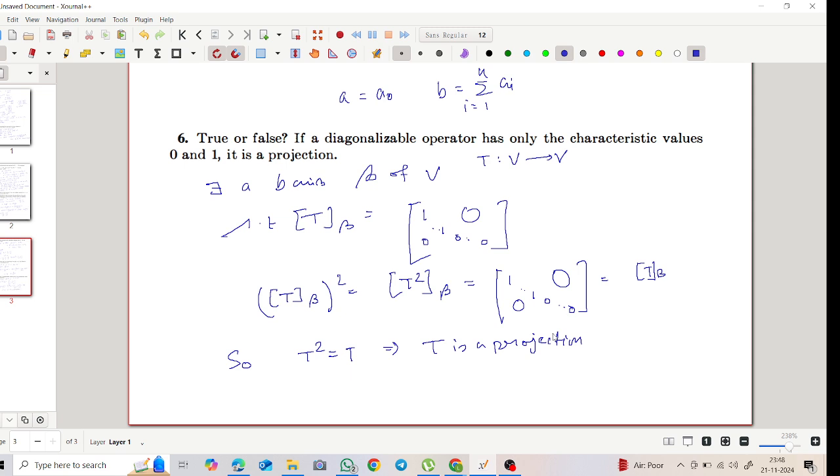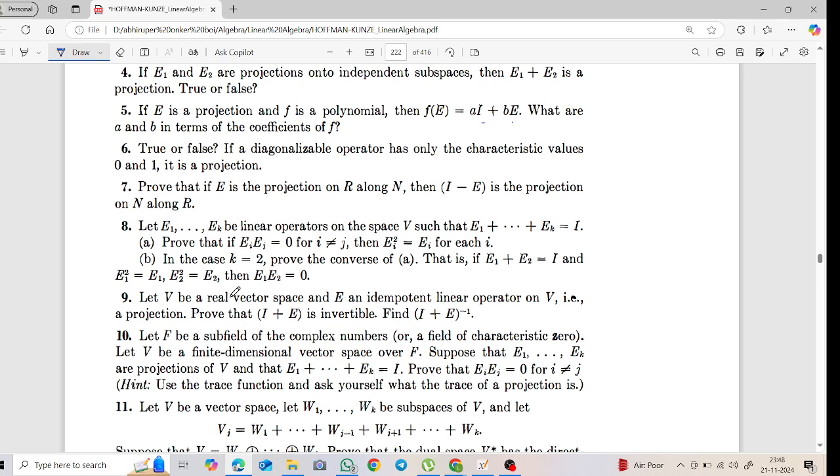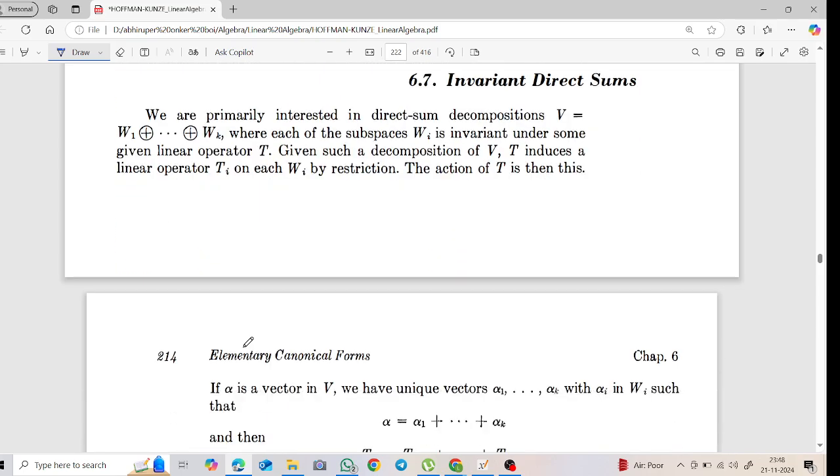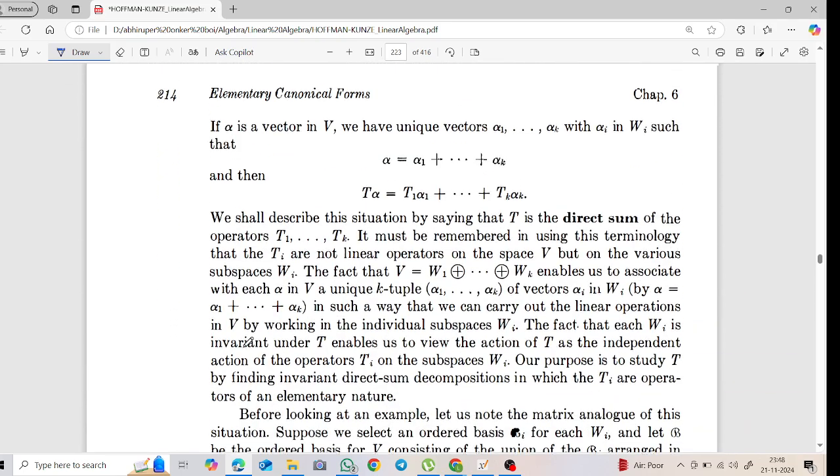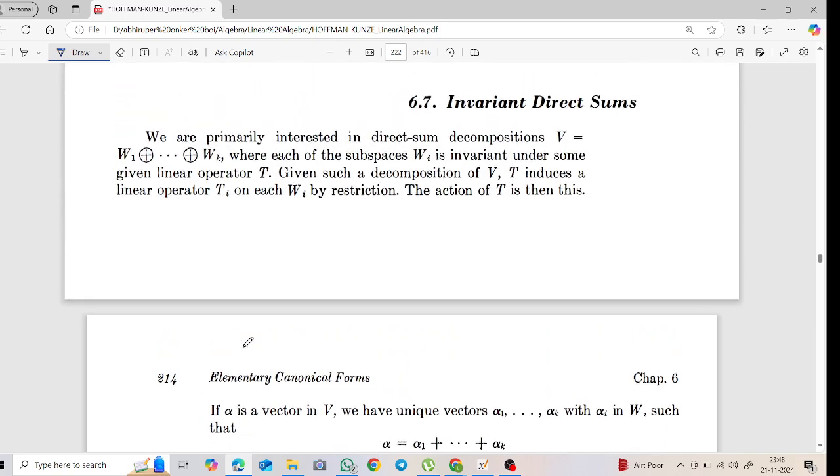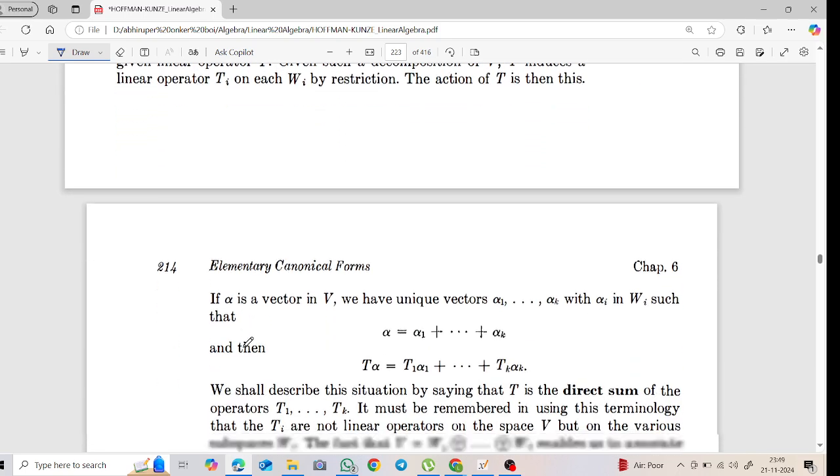Okay, so we will call it a day for today, and in the next class we will finish this exercise and see invariant sets and decomposition. Start from 2.4.